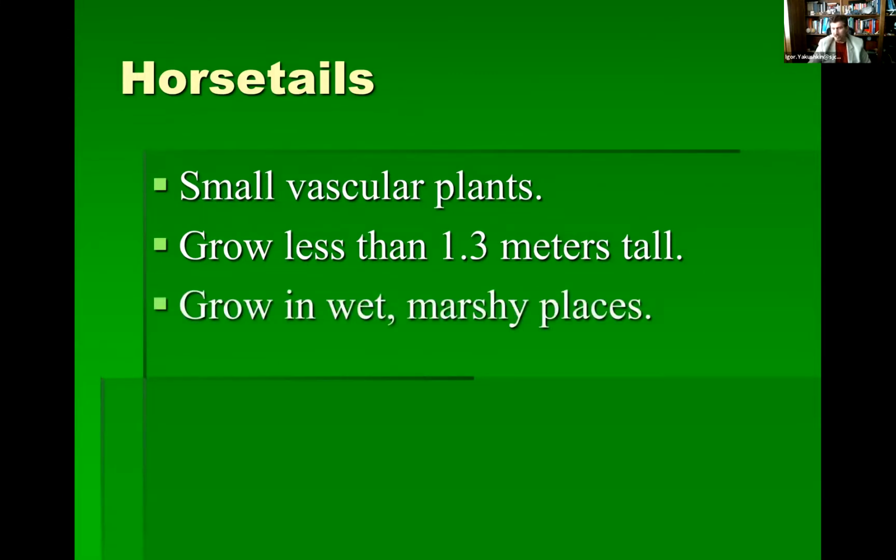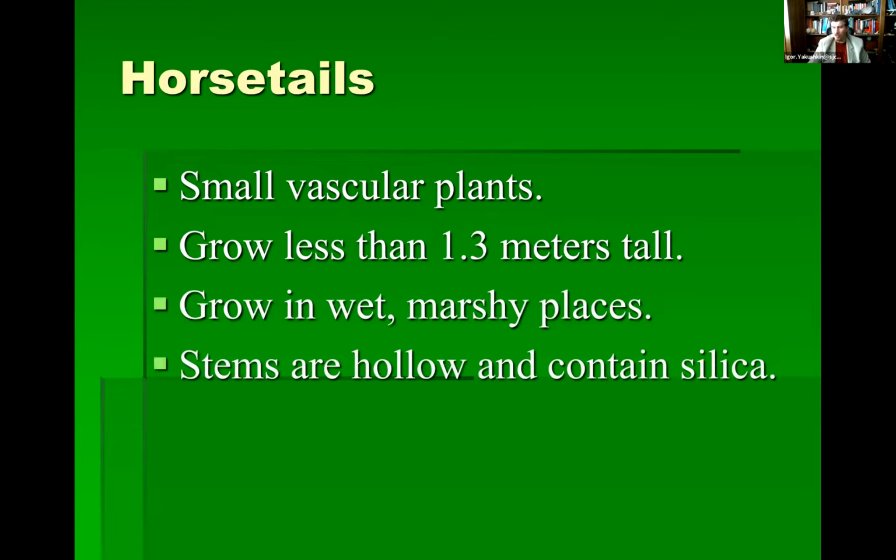So wet marshy places, stems are hollow, and they contain silica. We already talked about silica when we talked about some of the algae, right? Remember, diatoms were making the clear shells out of silica. In this particular case, horsetails embed silica in the stems for two reasons.